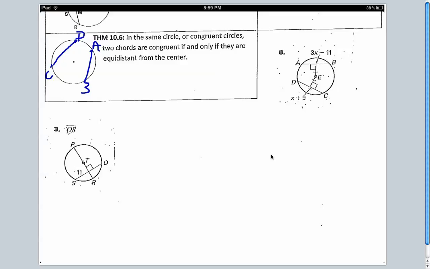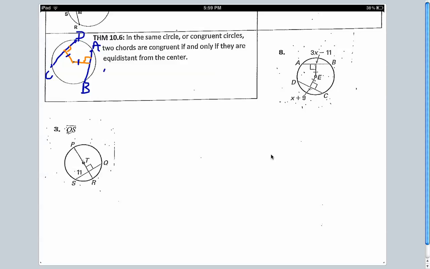the only way that I know that those two things are congruent is if the distance from the center to the chord is the same. So if I've got a right angle and a right angle, and I know that the distance is the same, so that these two segments that I've drawn in here are congruent, then I know that I've got congruent chords.